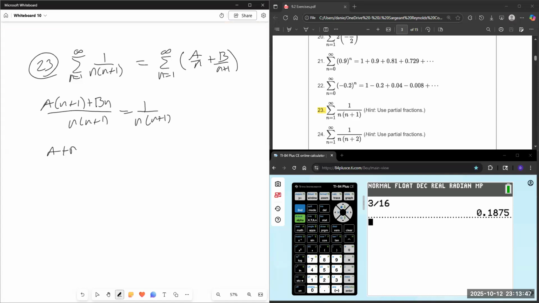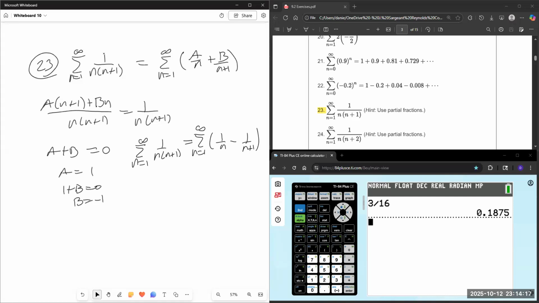A plus b is equal to 0 because when I distribute and compare coefficients, there's 0 n's on the right. A is equal to 1. That means that 1 plus b is equal to 0 and b is equal to negative 1. So this turns into the summation n equals 1 to infinity of 1 over n times n plus 1 is equal to the summation n equals 1 to infinity of 1 over n minus 1 over n plus 1.